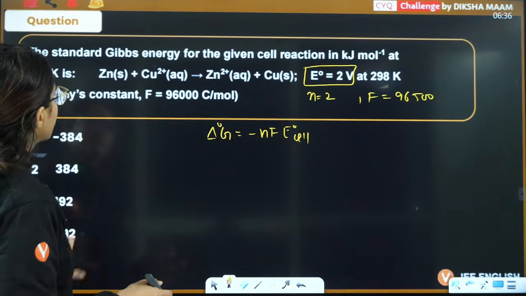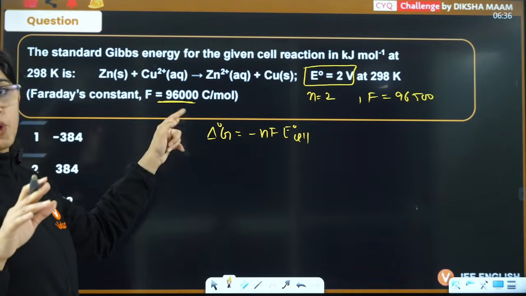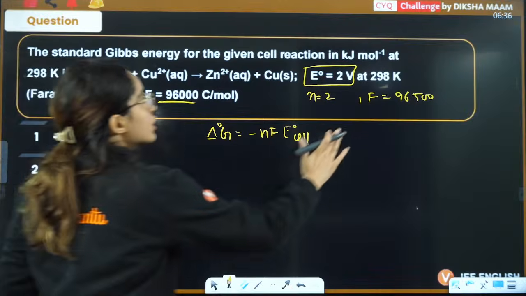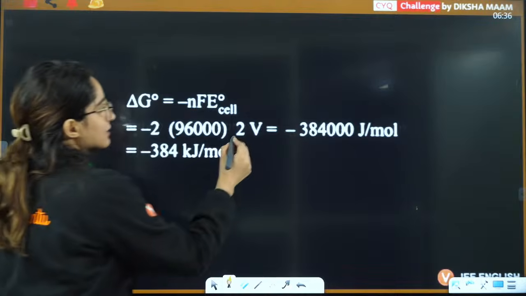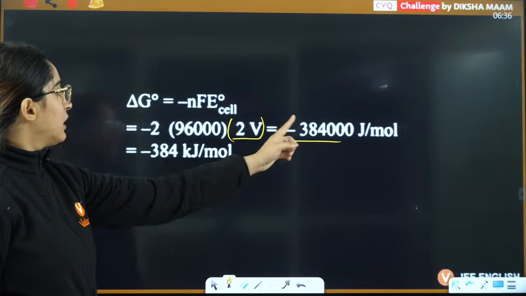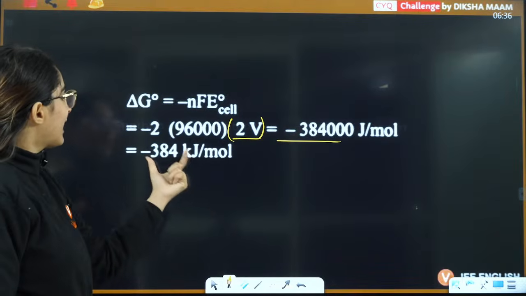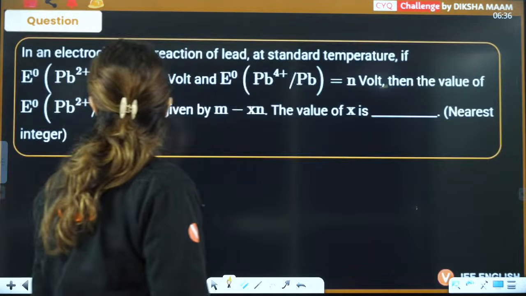Let me see if it is given. It is already given to be 96,000, so we will take what is given in the question. And this is 2 volts. Solve this value. This will be in joule per mole. After that, convert it into kilojoule, and you will get your answer.